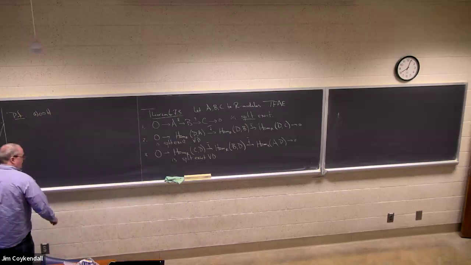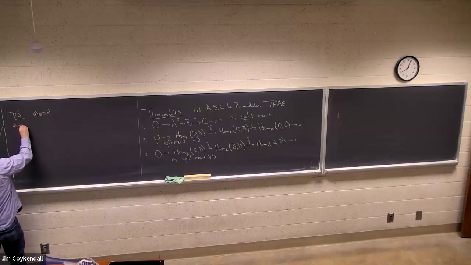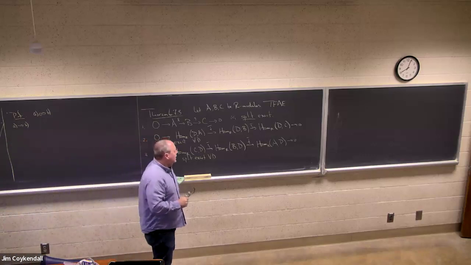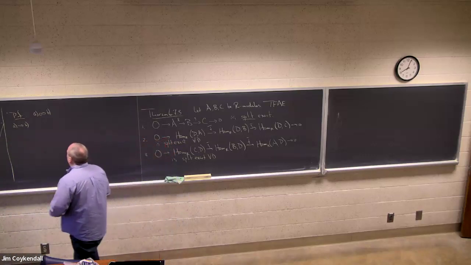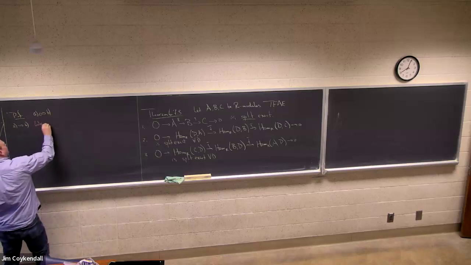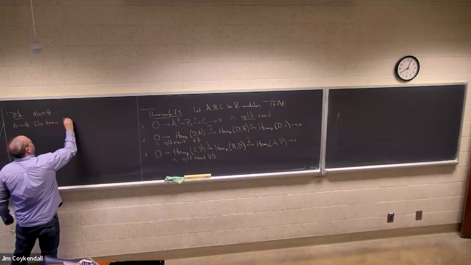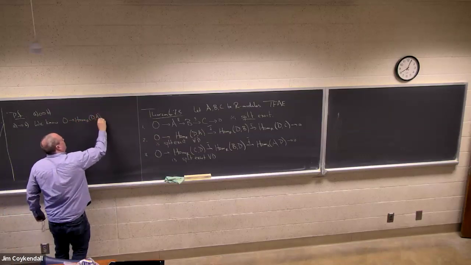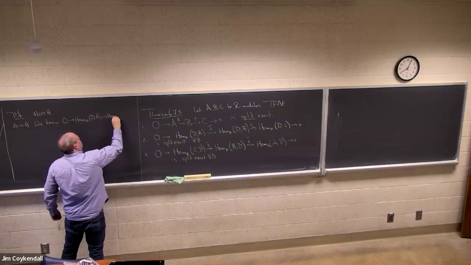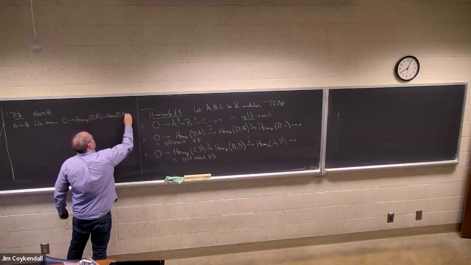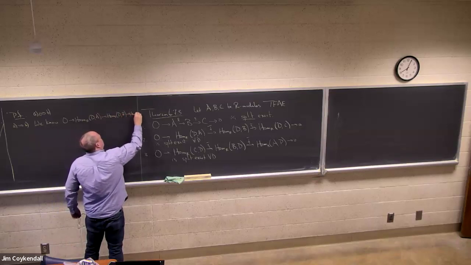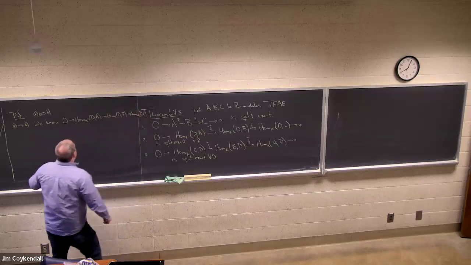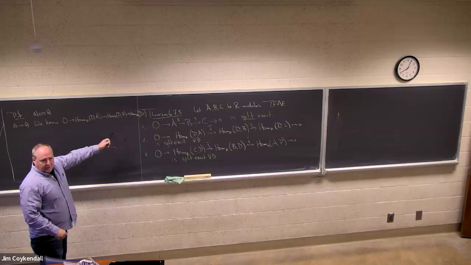So for A implies B, what do we know? We already know this part is already exact, right, by the previous theorem.